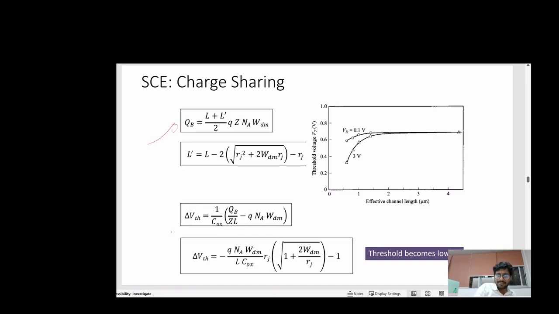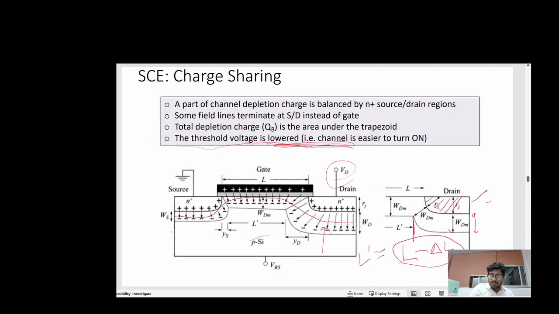It is not required, but you just need to know how this is happening. You need to calculate the charge of this trapezoid. Initially it was rectangular, so it was very easy to calculate the charge generated due to the gate voltage.